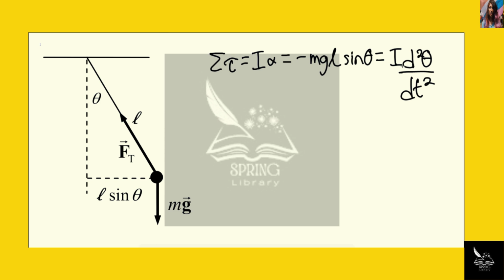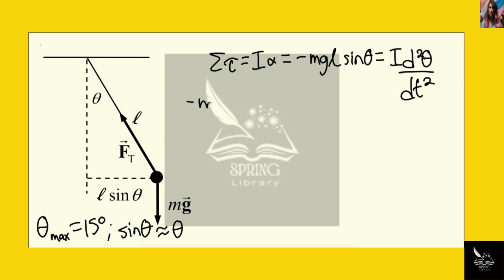And if the angular displacement is limited to 15 degrees, so if theta max simply equals 15 degrees, we can make the small angle approximation and say that sine of theta is approximately equal to theta.